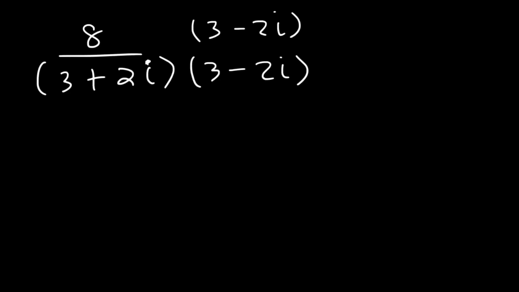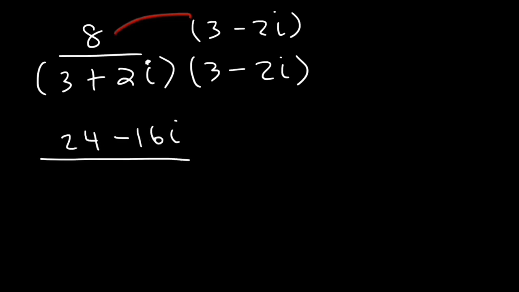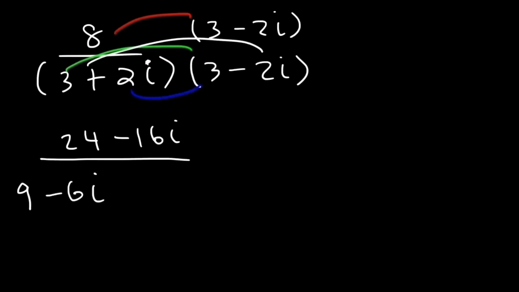So opening the brackets, we'll have 3 multiplied by, opening with this bracket, we'll have 24 minus 16i over, open again the denominator side, here will have 3, you have 9 minus 6i, then 3 with 2i will have 6i again plus 6i, then 2i with 2i will have 4i squared.